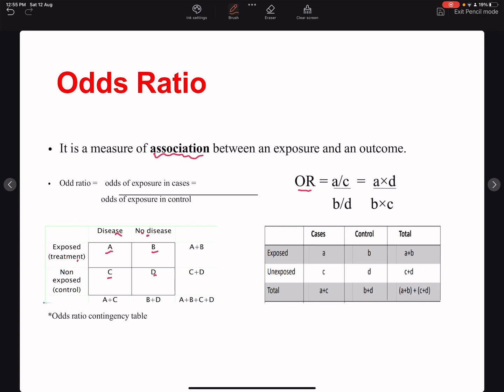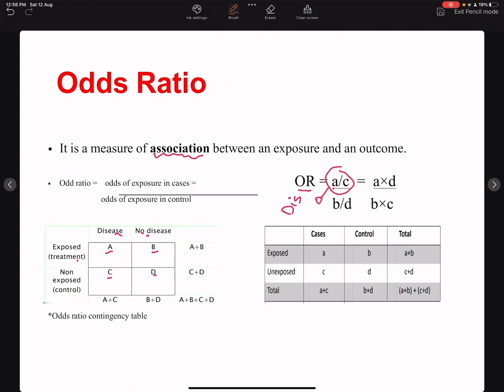That means they got the disease after exposure to the treatment. They are divided by C, which is those who are diseased without exposure to the treatment. So both are diseased; one group got the treatment and another group did not.